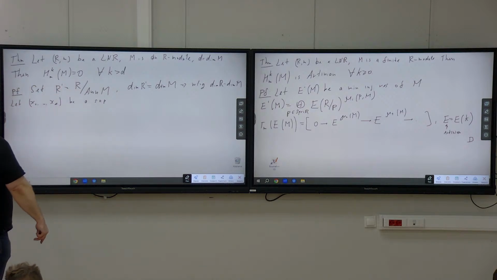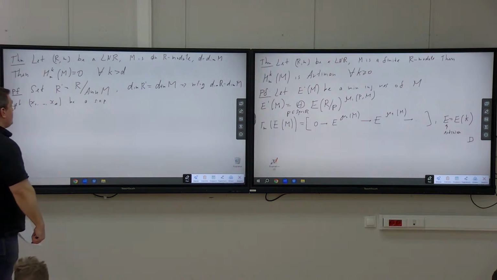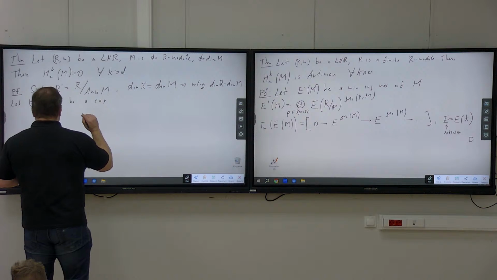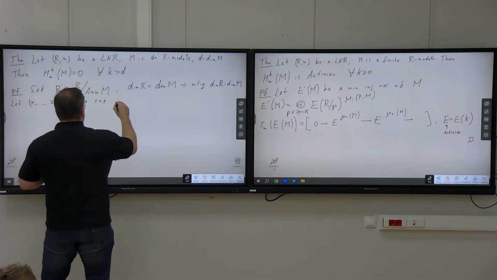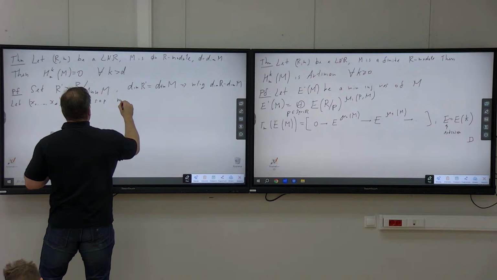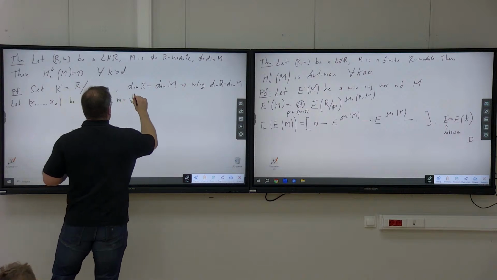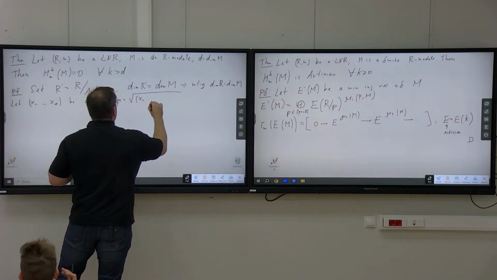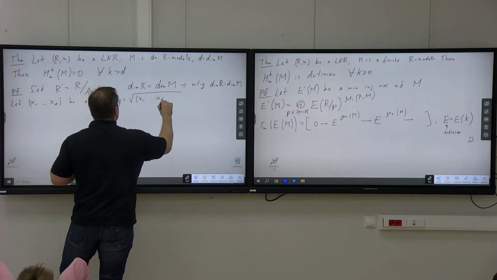So in the system of parameters of R, I have as many elements as the dimension of the module M. Since this is a system of parameters, the maximal ideal is the same as the radical of the ideal generated by this system of parameters.